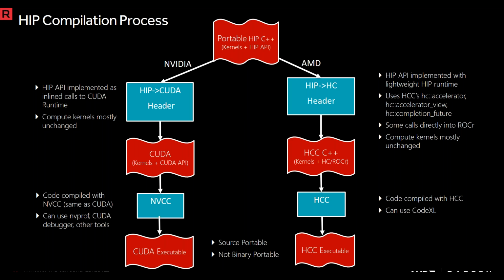They are just a few APIs there to make it run on the AMD GPUs. The code is compiled using HCC, and we can use AMD profilers like CodeXL and any other AMD tools to run and profile it on the AMD GPUs. So you convert it to HCC, and it becomes an HCC executable. It can run on the AMD.